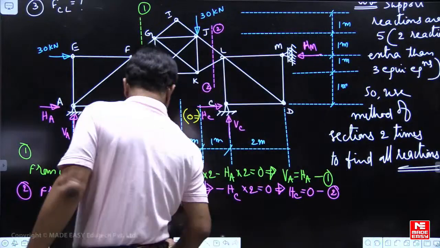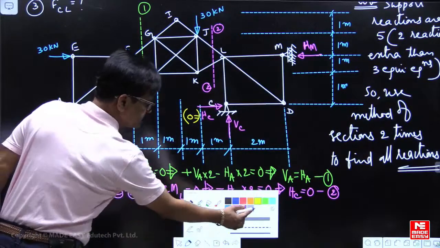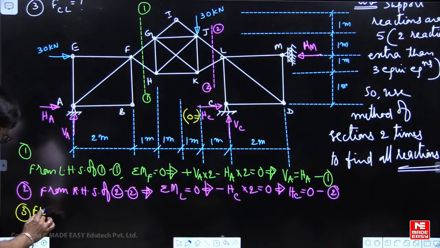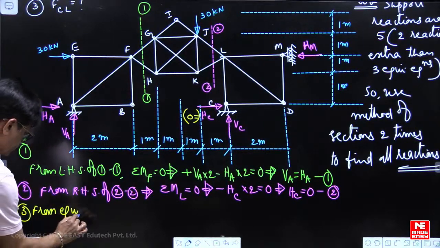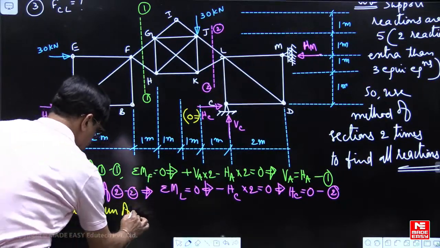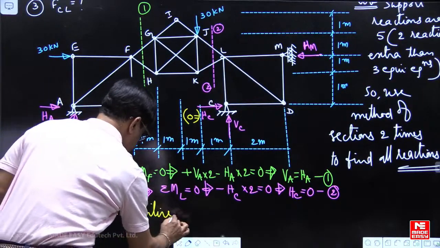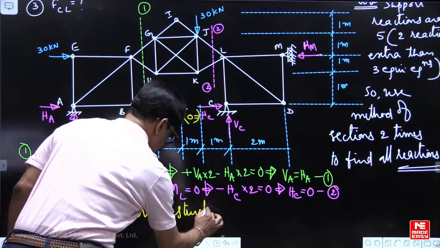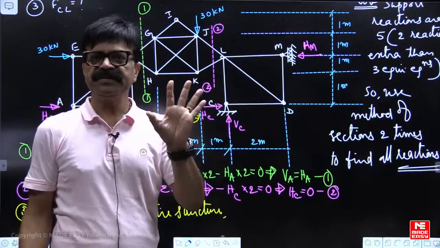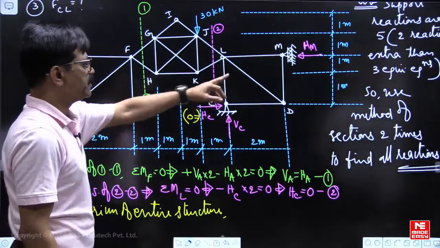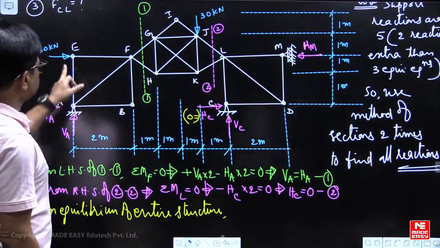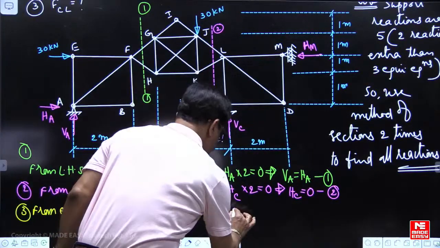From equilibrium of entire structure, you must select a moment center such that most of the unknowns, HM, VA, should not come into picture. For them not to come into picture, sigma ME is better.